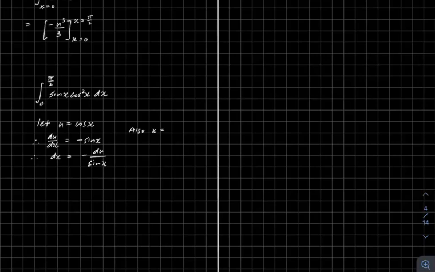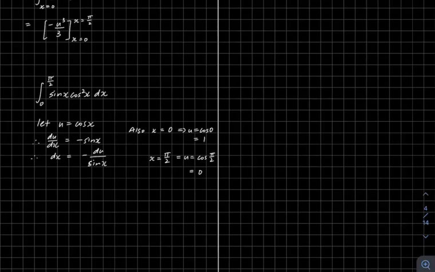When x equals 0, well, u equals cos 0, which is 1, and when x equals pi on 2, then u equals cos pi on 2, which is 0.